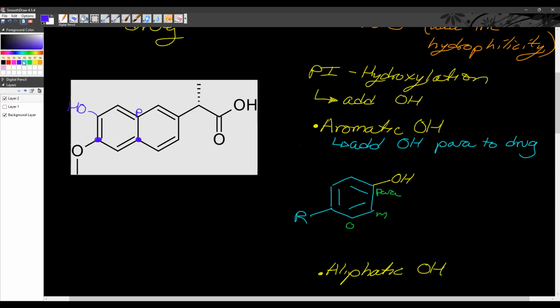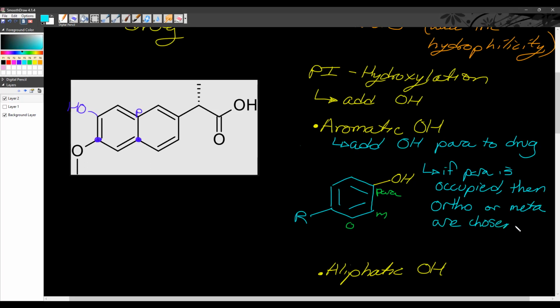And that is the second point that we want to put here. If para is occupied, then ortho or meta are chosen next.